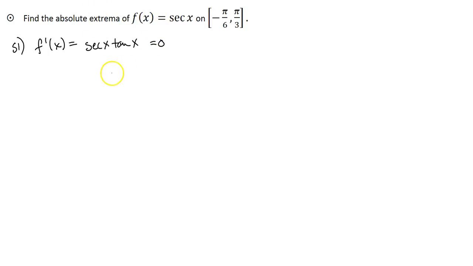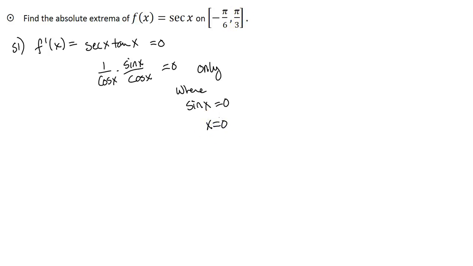So remember that secant is 1 over cosine of x, and tangent is sine of x over cosine of x. So in order for this to be equal to 0, this is only going to happen where sine of x is equal to 0. And in that interval from negative pi over 6 to pi over 3, that means that x equals 0. That's the only place in that interval where that happens.